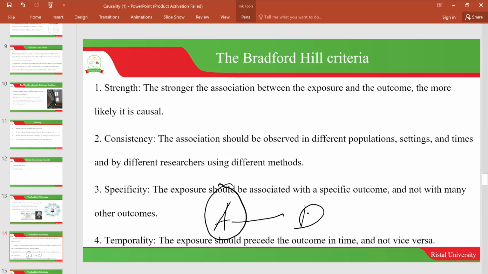But if I get the disease and then later on I get A, I cannot say that the disease happened because of A. So that is an issue to do with the timing.